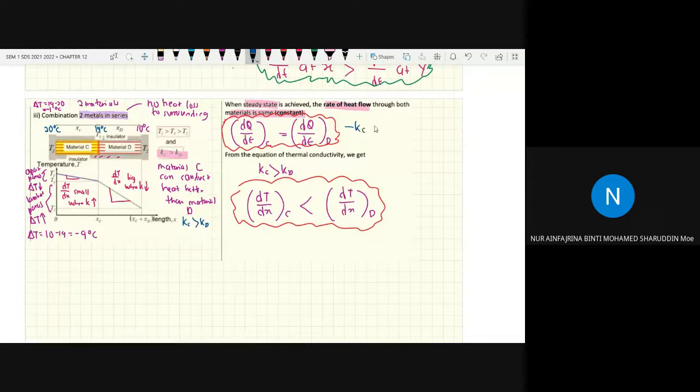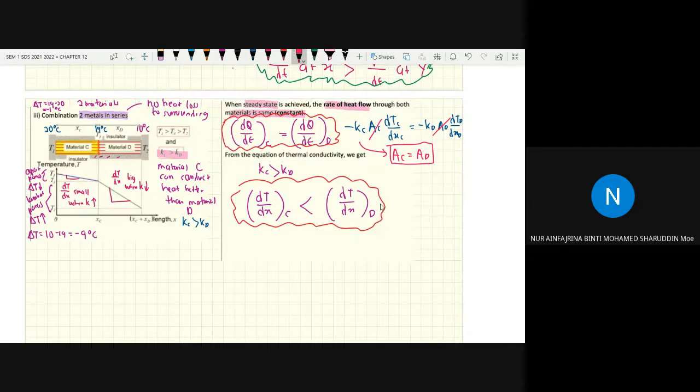Dia akan jadi macam ni, negatif Kc Ac dTc/dxc sama juga dengan negatif Kd Ad dTd/dxd. Kalau rate of heat flow ni sama, maksud dia area awak adalah sama. Ac sama dengan Ad. Jadi awak boleh potong area. Itu maksud dia. So nanti kalau korang buat soalan, korang akan nampak better.